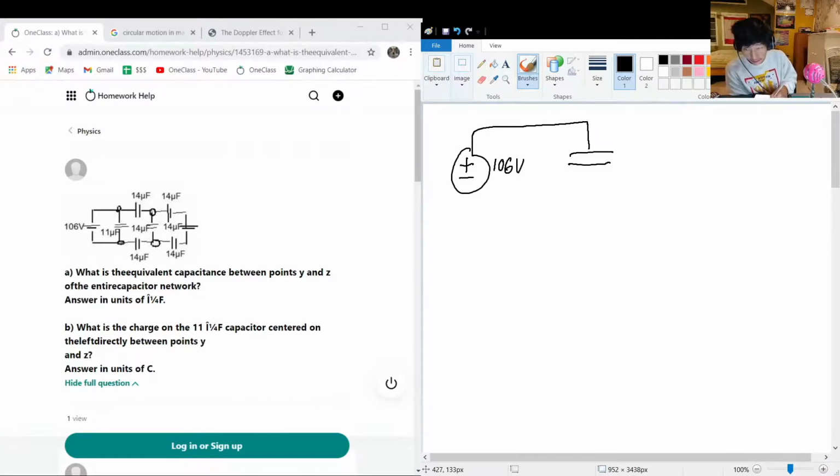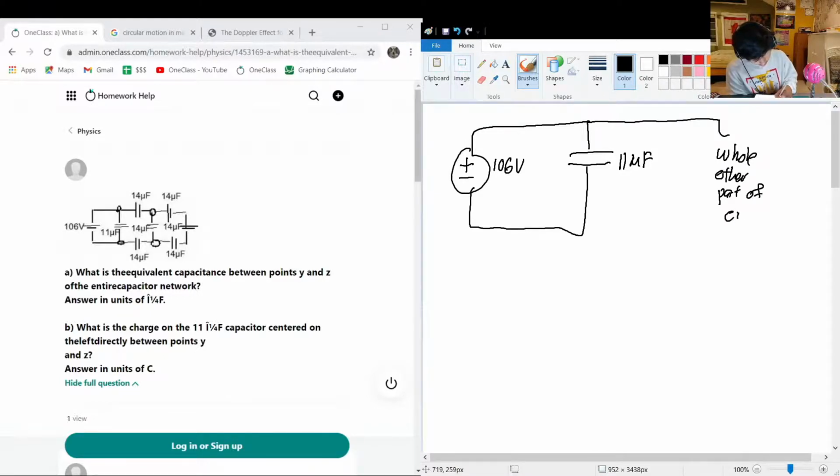Here we have 11 microfarads, and here we have a whole other part of the circuit, which is not really particularly relevant for this. We are looking for the charge on just the 11 microfarad capacitor.